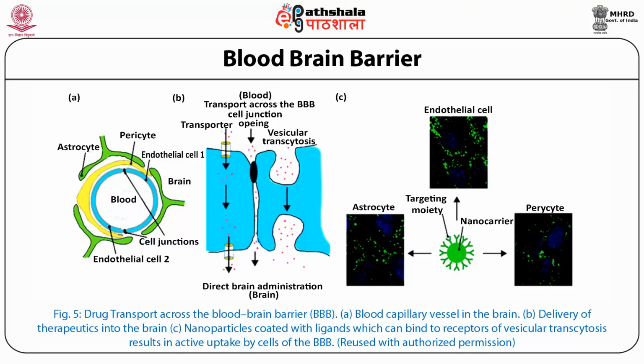About 98% of small molecules or genes and 100% of large molecules such as proteins are prevented from reaching tumor sites in the brain. Further, drug transport to the brain is limited due to the presence of tight junctions, metabolic enzymes, and immunological barriers. Active targeted approaches such as absorptive mediated transcytosis, transporter mediated transcytosis, and receptor mediated endocytosis have been utilized to deliver drugs to various sites of the brain.